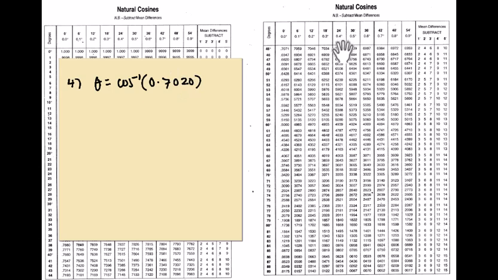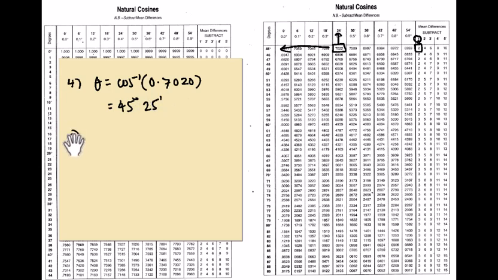I see here 0.7022, and the corresponding angle is 45 degrees, but the minutes will change because this is 7022, not 7020. The minute is 24, and I subtract 2 from this; the corresponding minute is 1. So 24 plus 1 is 25 minutes. So you subtract the mean difference but add the minutes, right?